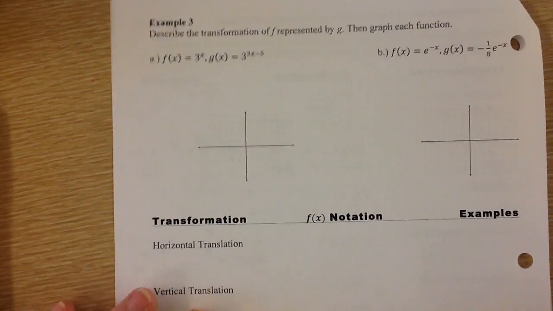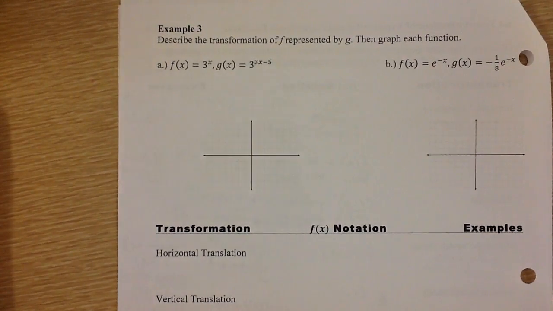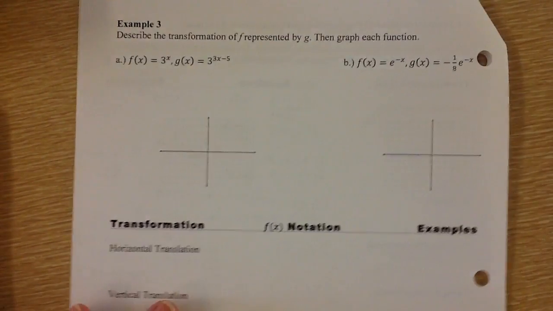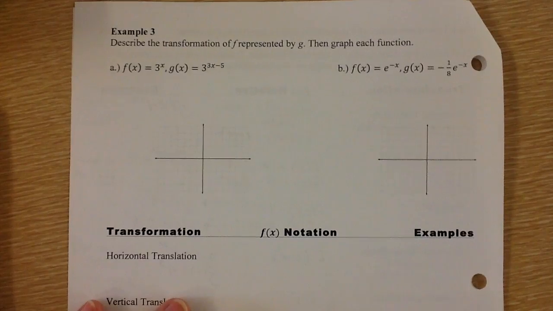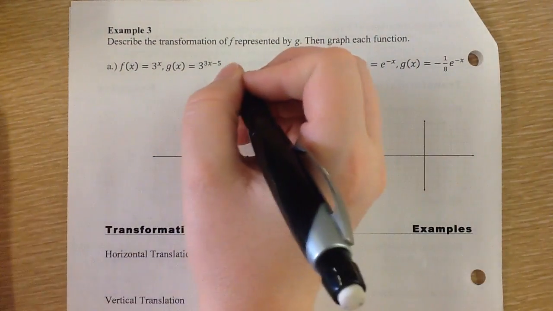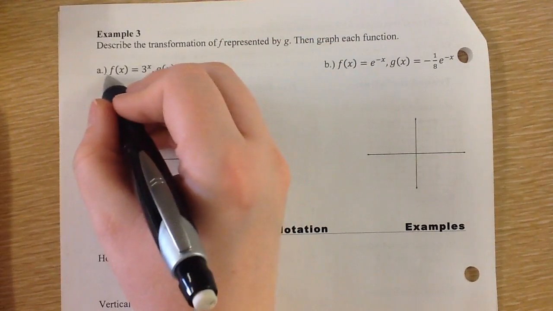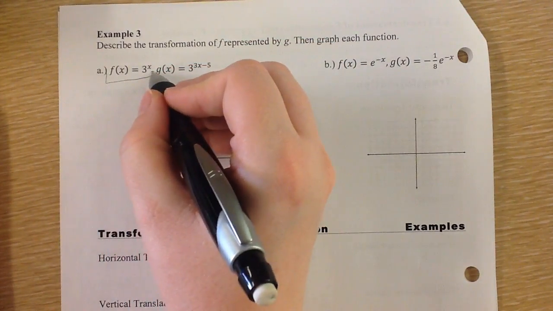Okay. Describe the transformation of f represented by g, then graph each function. We're just going to describe the transformation. We're not going to actually graph them because, again, the graphing part's really pretty straightforward, especially with the graphing utility. Okay, so to describe the transformation, here's my parent function right there, 3 to the x.